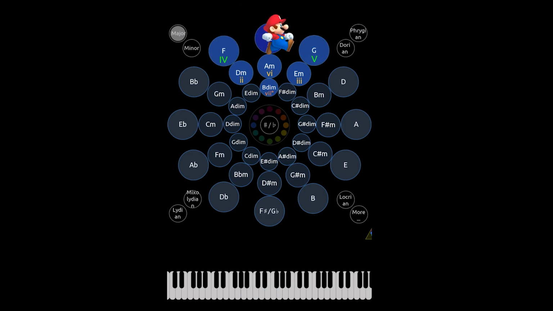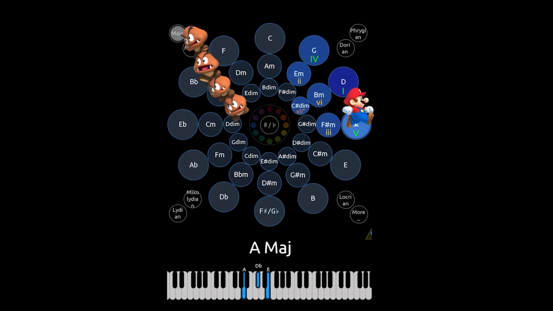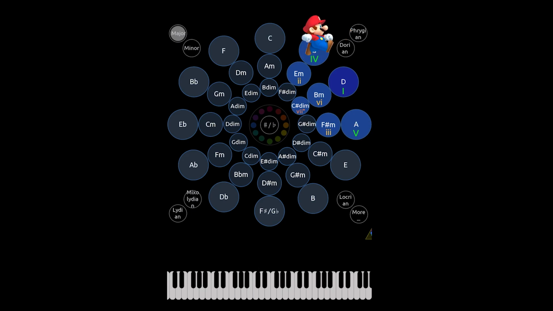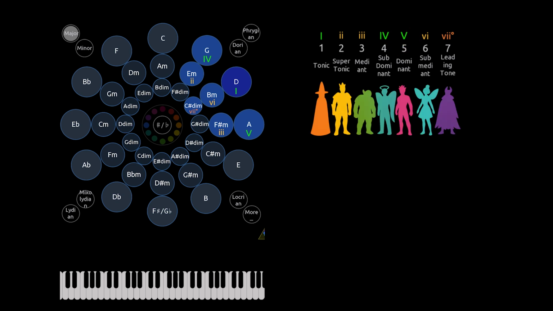Many well-known progressions even stay within the 7 circles of the selected key, but jumping across different groups into other keys is part of the game too. I highly recommend just playing around with the chords of one group to familiarize yourself with how the transition from certain scale degrees to others sounds. These 7 degrees are like characters in a story, each with their own function, creating tension, release, contrast and color.